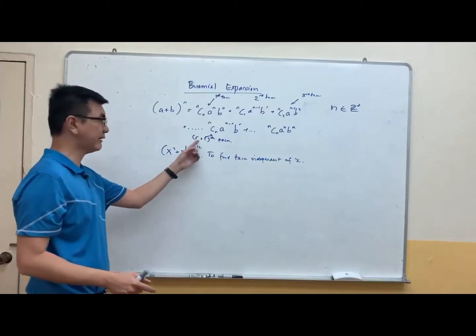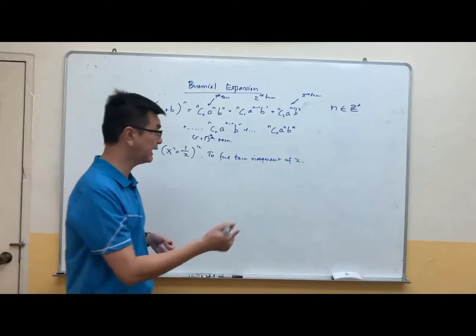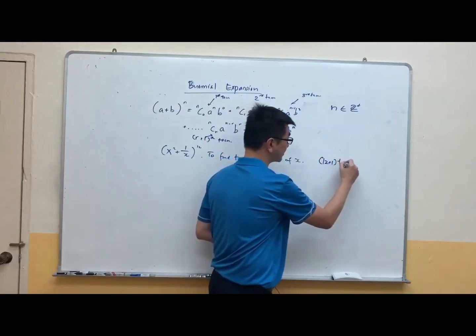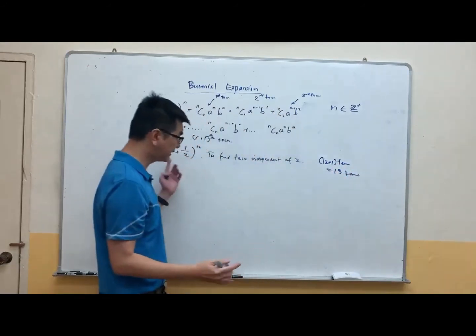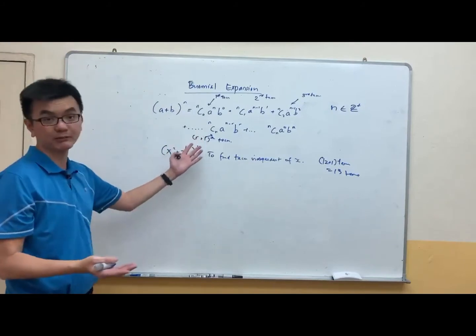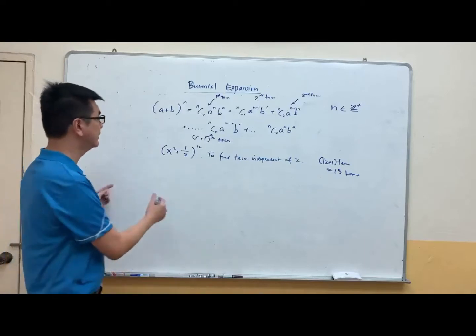With a power of 12, a full expansion gives 12 plus 1, so 13 terms altogether, before I can find the term independent of x. So I'm going to use the r plus 1 term formula to help me find where exactly this term is.